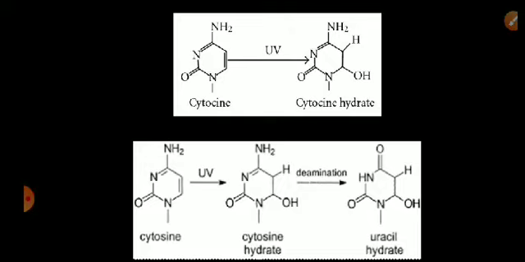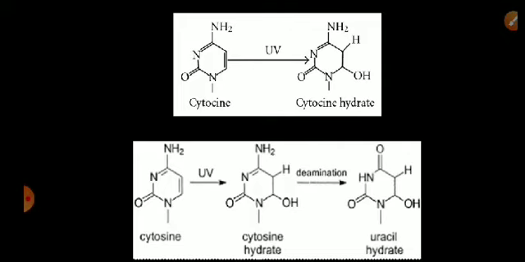A water molecule is added to the DNA bases, and photohydrates are formed. So this is how UV light damages DNA or causes mutation, by formation of thymine dimers mostly, or thymine-cytosine or cytosine dimers, and by forming photohydrates, the addition of a water molecule to the nitrogenous bases.